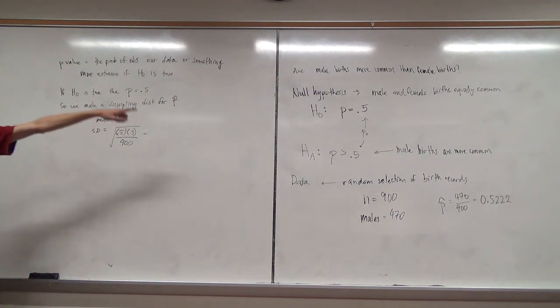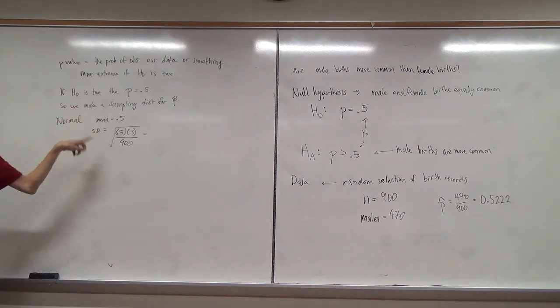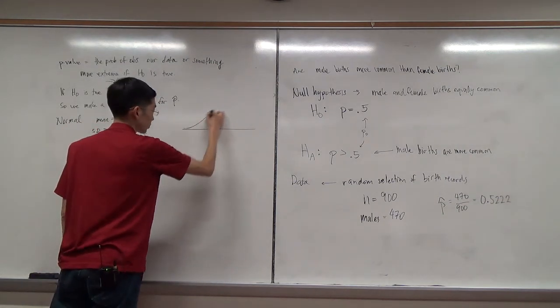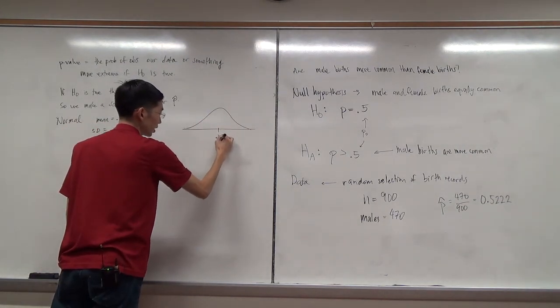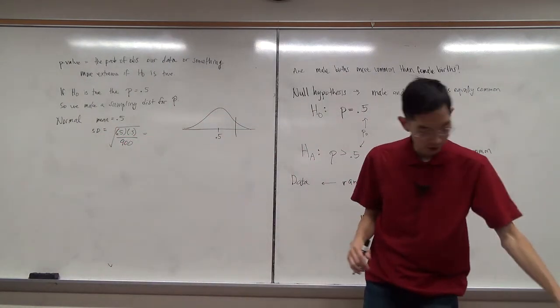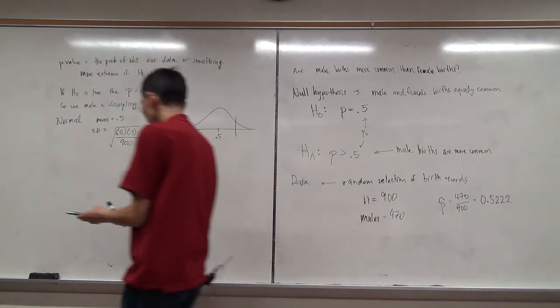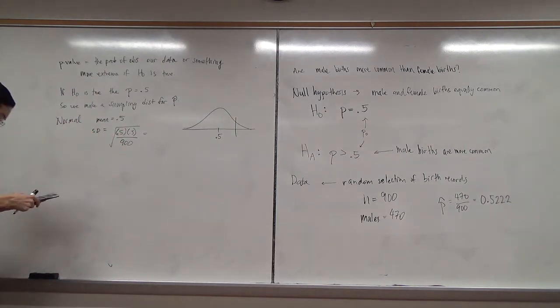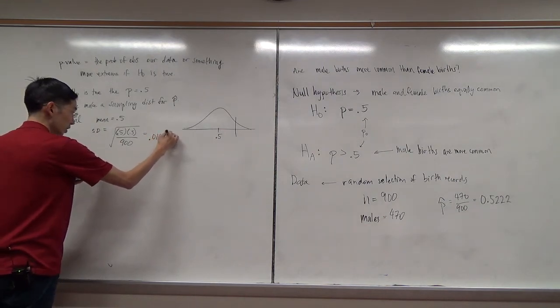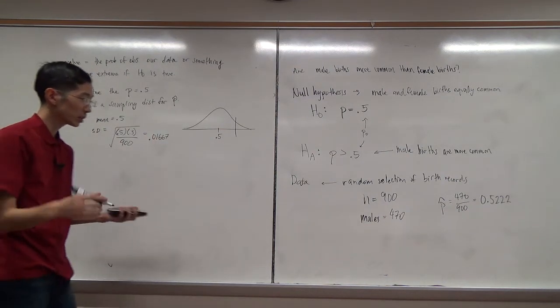Because if the null hypothesis were true, this is what our sampling distribution for p hat would look like. So here I am at 0.5, and our standard deviation, 0.5 times 0.5 divided by 900, I get 0.01667, okay?